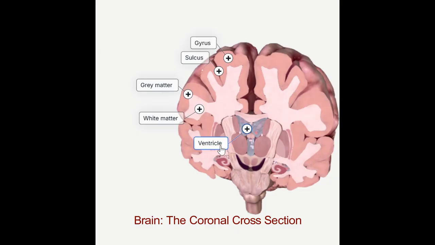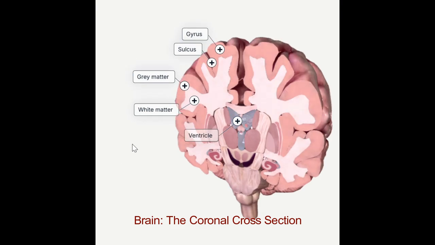You can see that we have spaces between the brain, which are called ventricles, and they contain cerebrospinal fluid. Cerebrospinal fluid serves as a cushion and shock absorber and aids in chemical communication between the neurons.